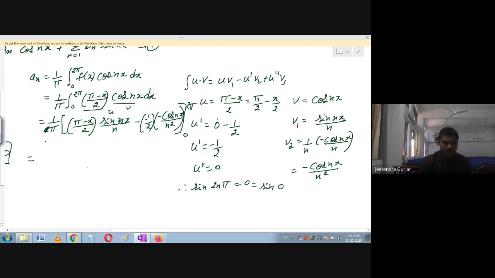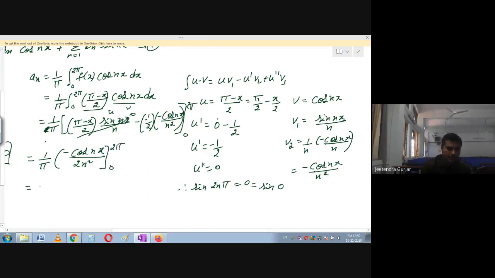So if you substitute 2 pi it is 0, if you substitute 0 it is also 0. So what is remaining here, students? I will write here directly, that is 1 upon pi is remaining. Here minus into minus plus, plus into minus will become minus, so minus cos nx upon 2 n square is remaining, again from 0 to 2 pi.